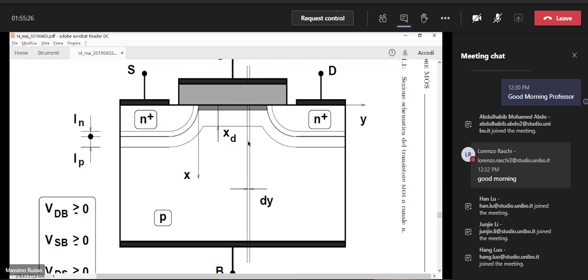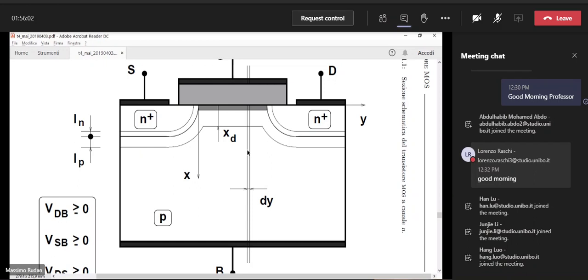And the final approximation, that is something new, because this was not necessary in the MOS capacitor, is that we treat this elementary strip here, that is placed at some position y in the channel, as if the elementary strip is an MOS capacitor. So we use the same relation of the MOS capacitor.